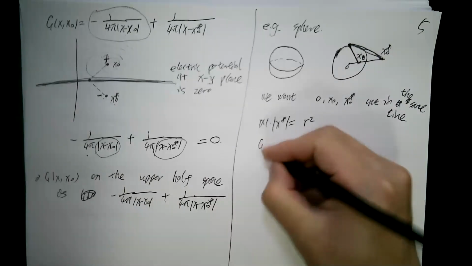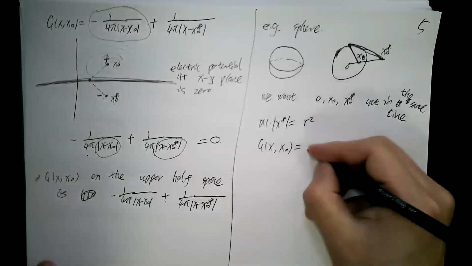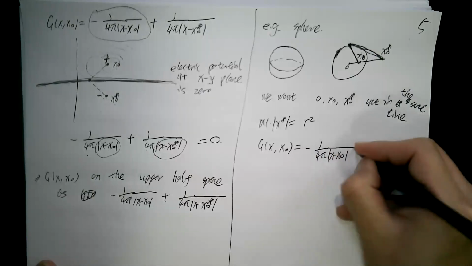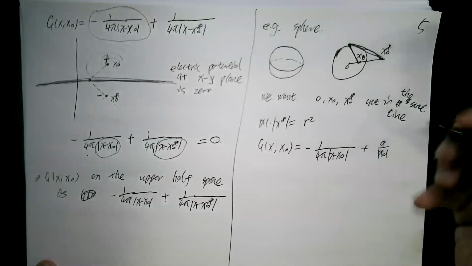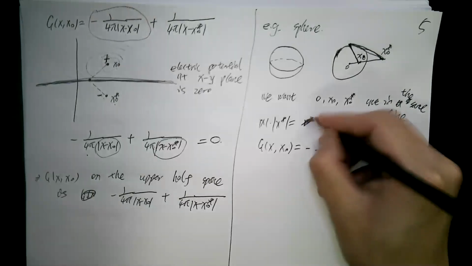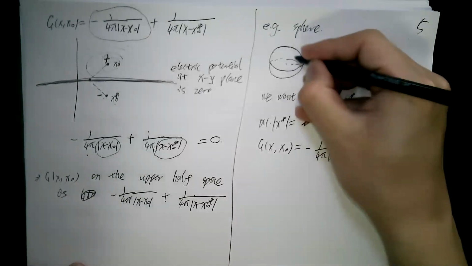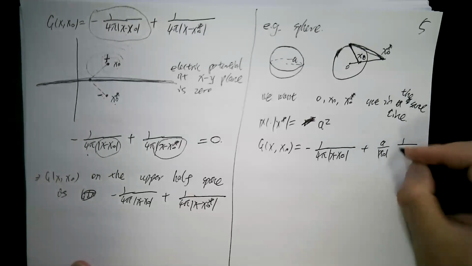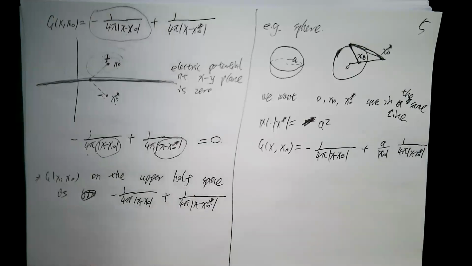So your Green's function for the 3D ball, or maybe I should say B3, is equal to minus 1 over 4 pi |x minus x0|, plus a over |x0| times 1 over 4 pi |x minus x0 star|. Here a is the radius. I don't really want to use r as the radius because we use r as a variable, so let's say the radius is a.